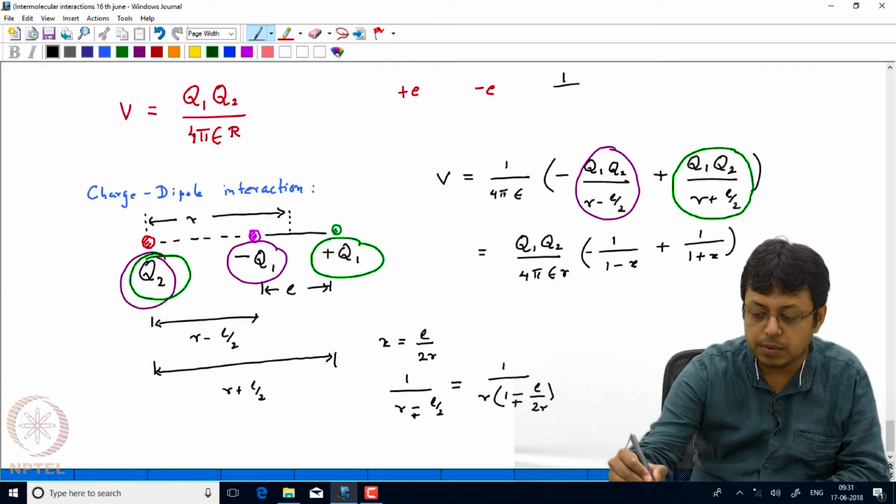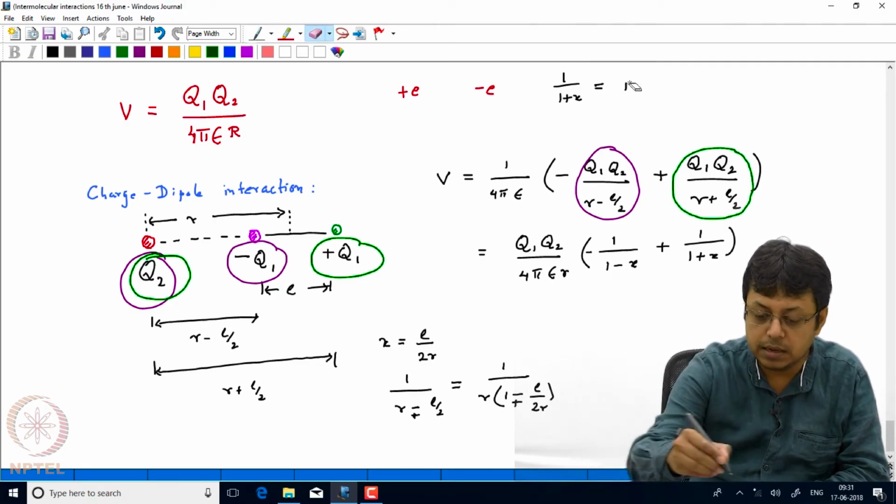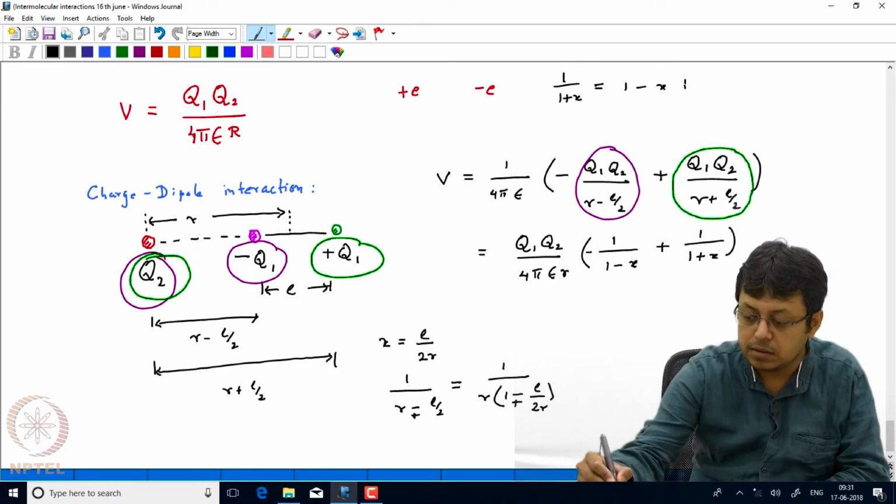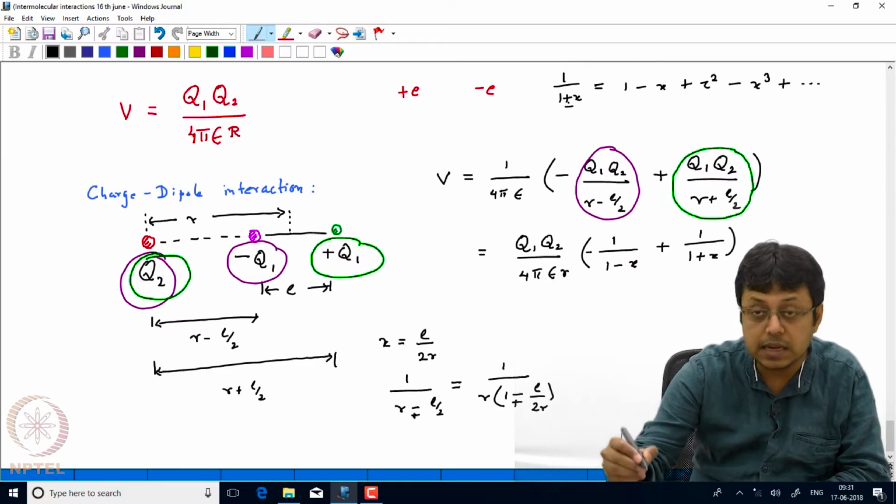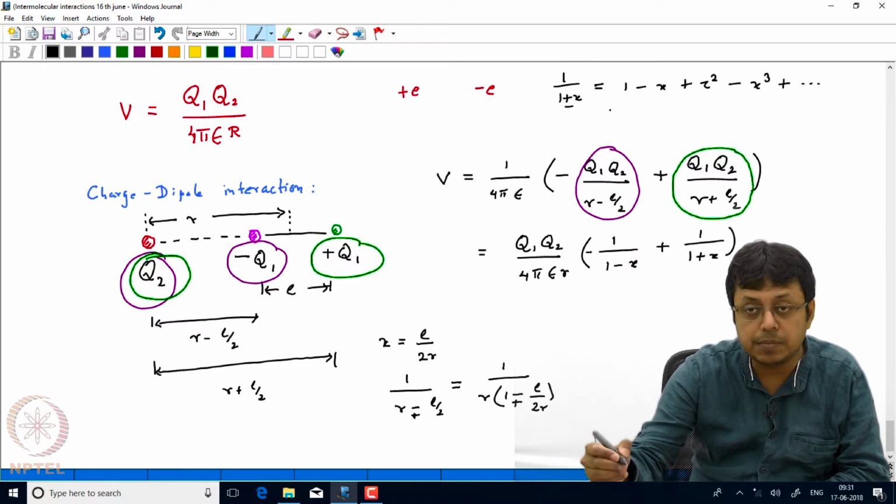1 by 1 plus x, the expansion goes like 1, there will be a minus sign, 1 minus x plus x square minus x cube, and so on. Similarly, if we had a minus sign here, we will just replace the x with minus x.